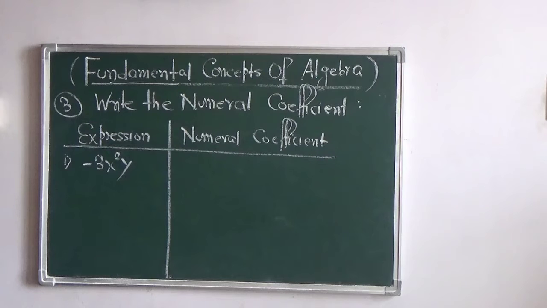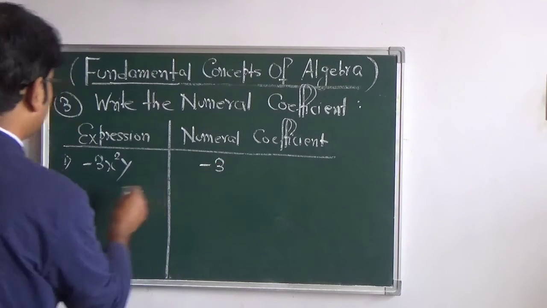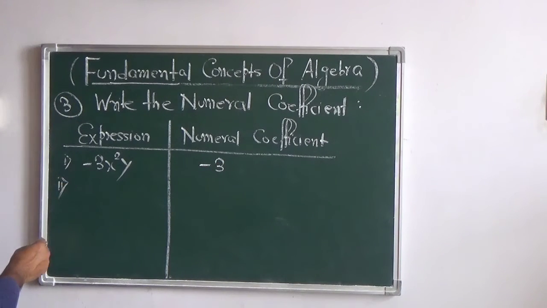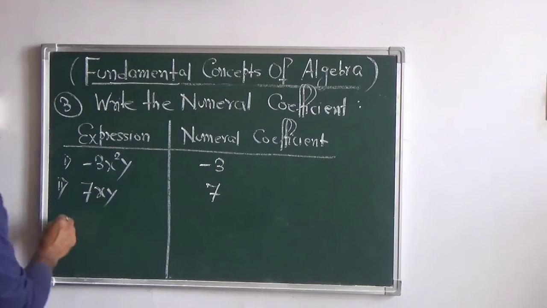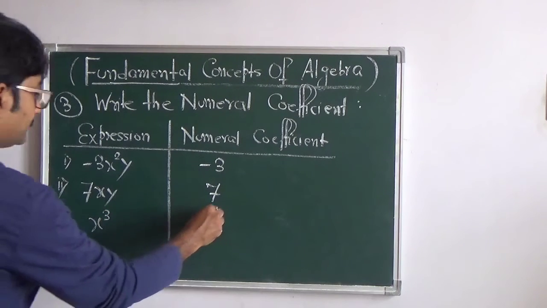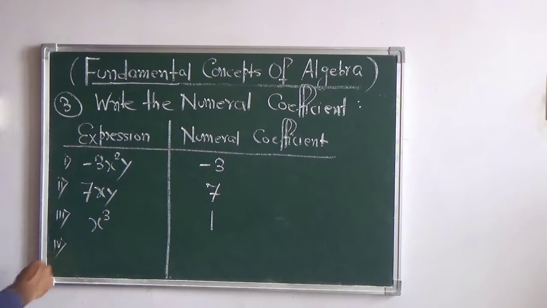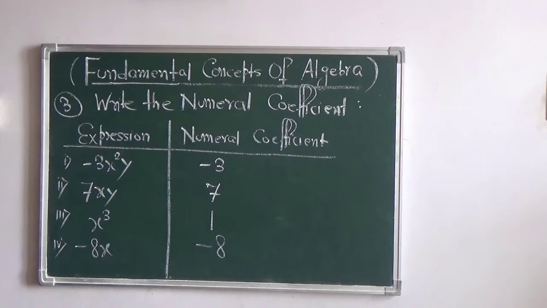So we have the variables x, y, and the constant is minus 3. So the numeral coefficient is minus 3. Second one is 7xy. The number 7 is the numeral coefficient. Third one is x cube. 1 is the numeral coefficient. And the fourth is minus 8x. So minus 8 is the numeral coefficient.